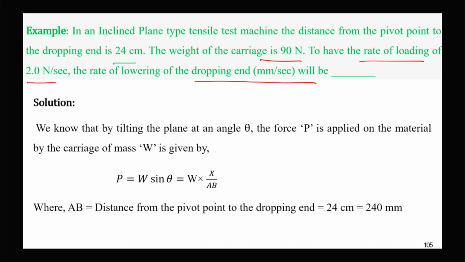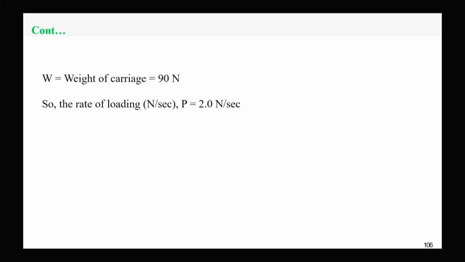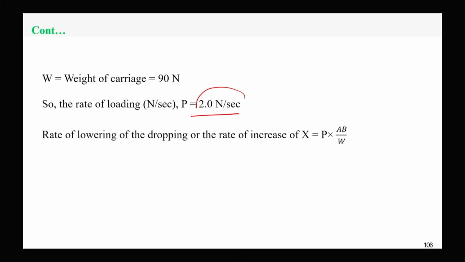Here the distance is given as 240 millimeter and weight is 90 Newton, and the rate of lowering is x. P is given, the rate of loading is 2 Newton per second, so x we have to calculate. So the rate of dropping is x.